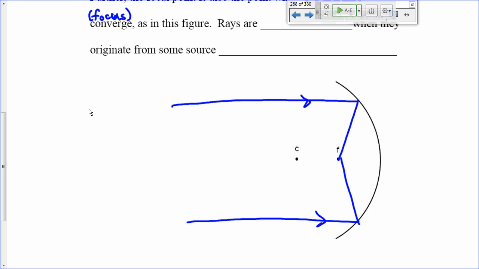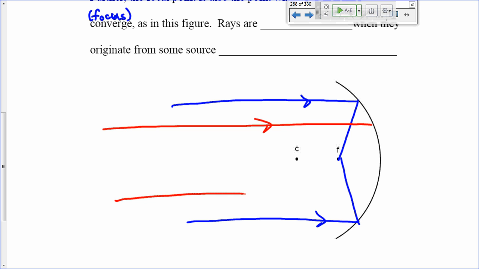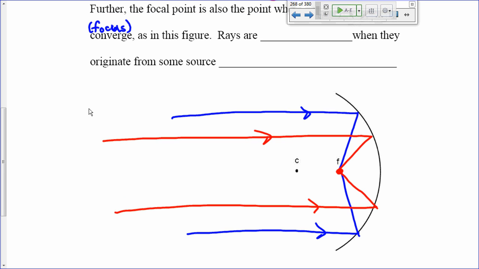No matter where they come from, or where they strike on the mirror, they will always focus at the focal point. Parallel rays will always focus at the focal point. So this is a different way of defining what the focal point is, not geometrically, but how light behaves when it strikes a reflective surface.